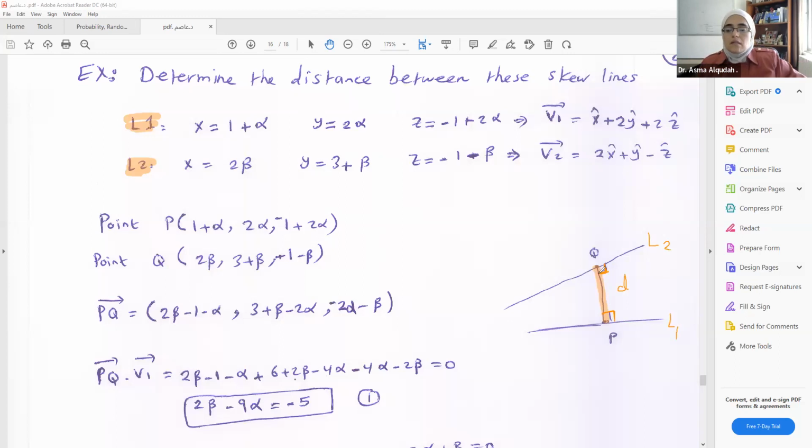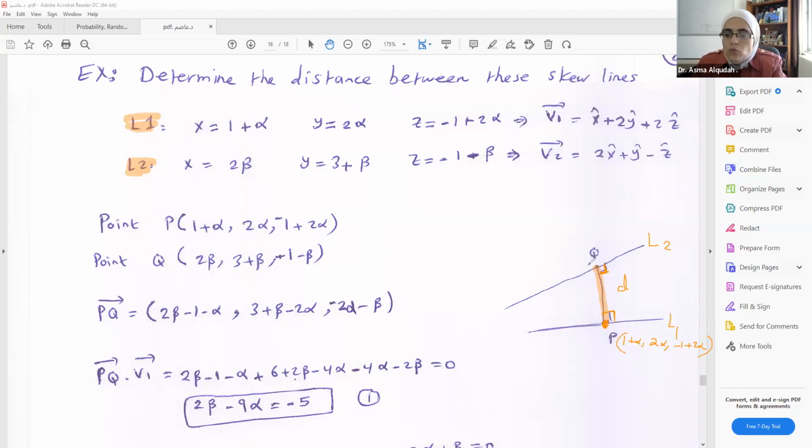We want to assume a point P on line L1, and we give this point the coordinates 1 plus alpha, 2 alpha, and minus 1 plus 2 alpha.